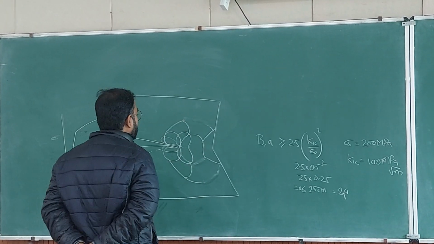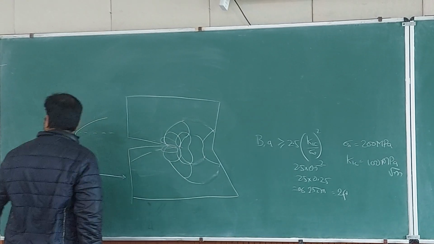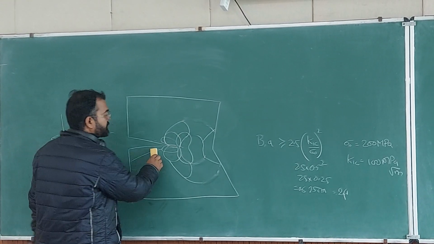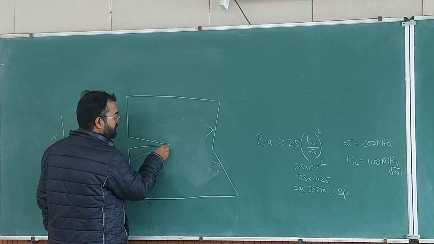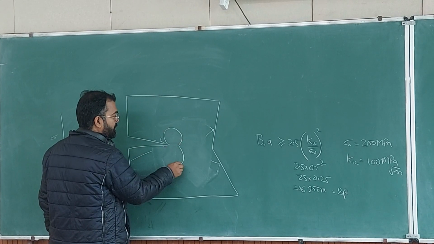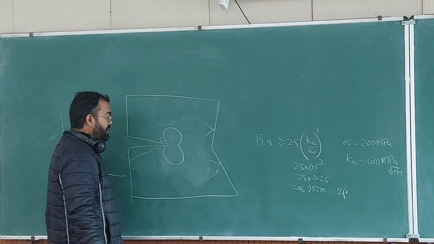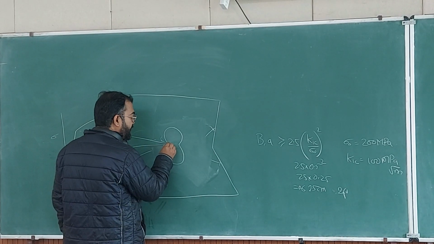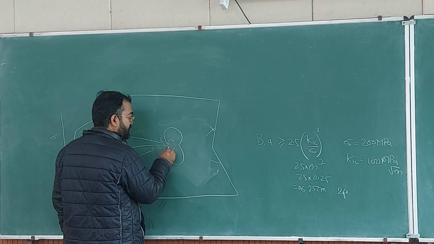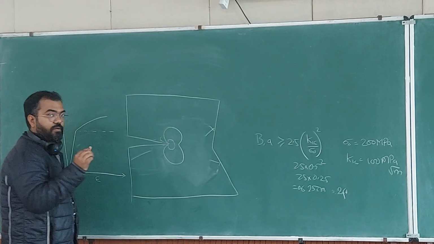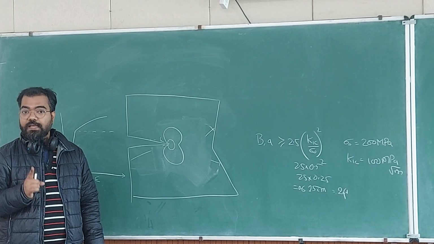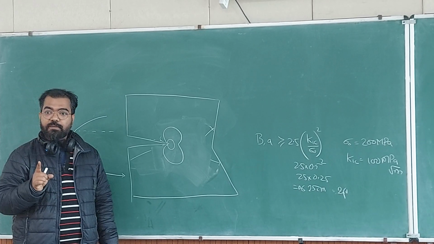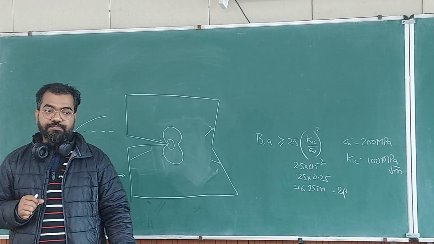And here we have a lot of things going on at the crack tip. So this area is plastically deforming, but there is an area whose shape I do not know. You can calculate that. Was there an assignment to calculate plastic zone also?